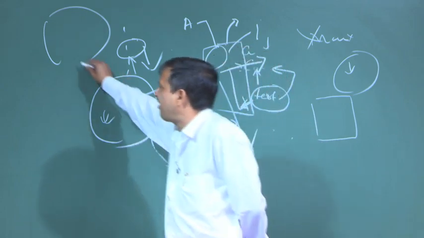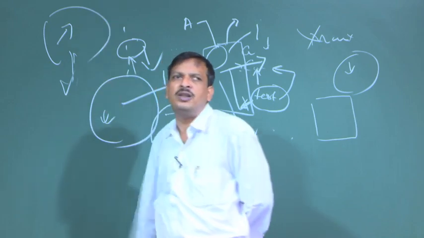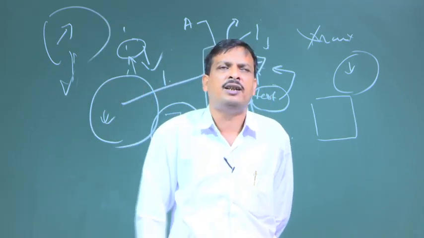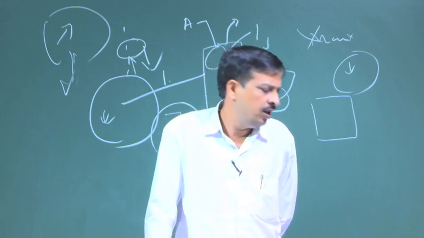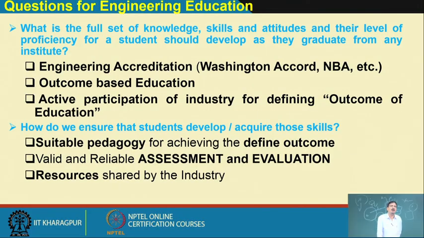Then this can be accessed by industry, who can comment: okay, this kind of outcome is not required, I require this kind of outcome. This is the freedom of academia, then to change the outcome. So, by three processes: engineering accreditation, outcome based education, and active participation of industry in defining outcomes of education. If these three things can be done, then I can say the answer to the first question is given.